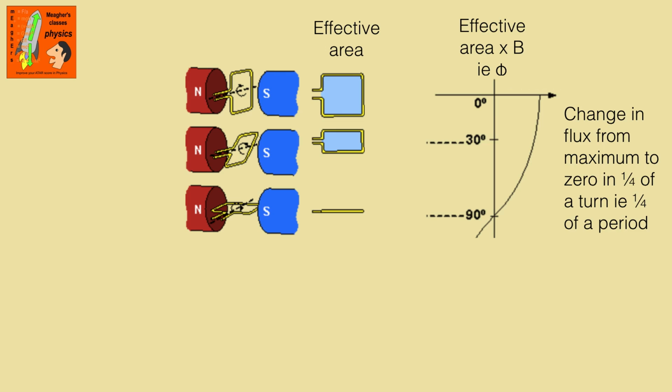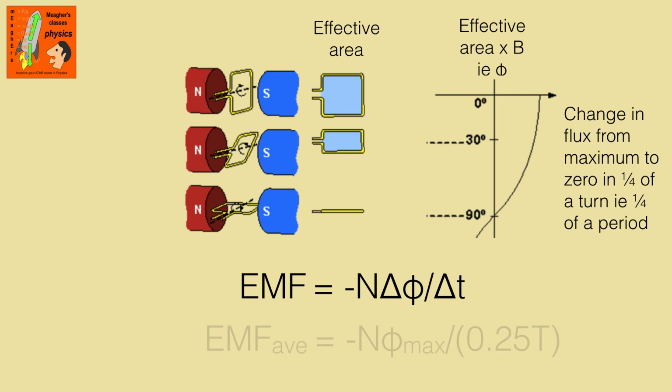We know the EMF is the rate of change of flux, and if it's changing from maximum to zero in 1/4 of a turn, we can write it down as that. So therefore the average EMF is going to be the maximum flux, or BA, divided by 1/4 of a period.